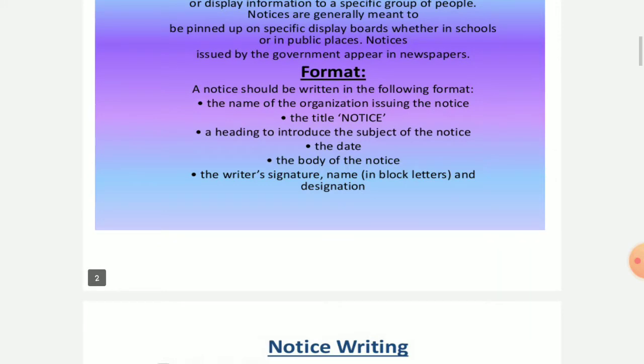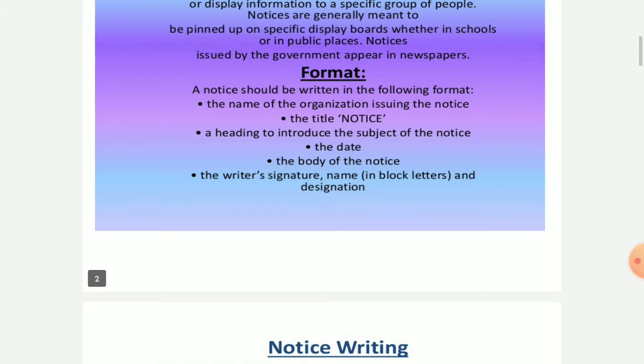Now the format of a notice, very important. A notice should be written in the following format. First of all, the name of the organization issuing the notice has to be mentioned. Then the title NOTICE, all in capital letters, as you can see. Then a heading should be given to introduce the subject of the notice. Then the date has to be mentioned.